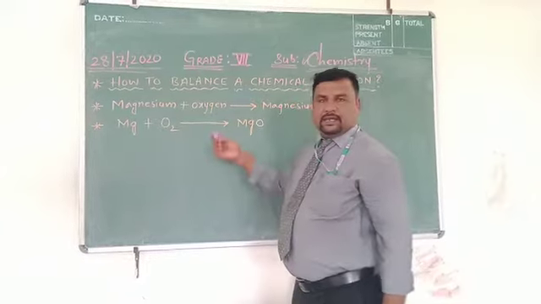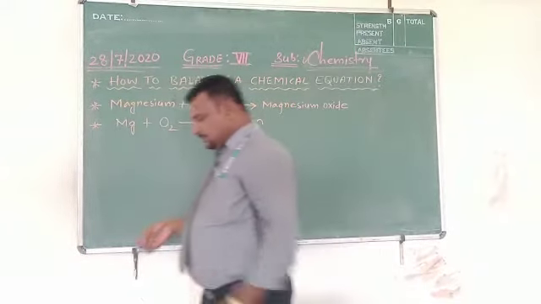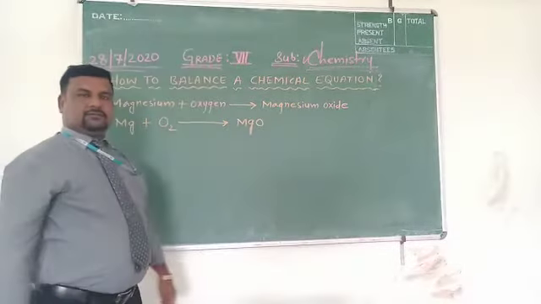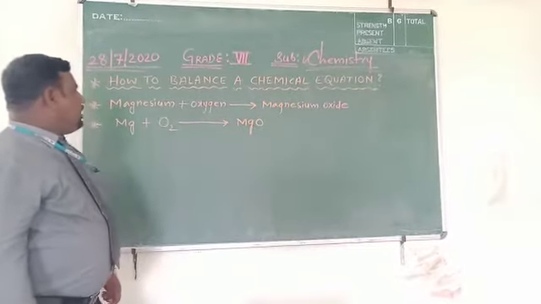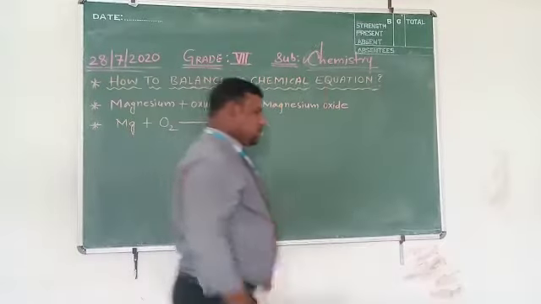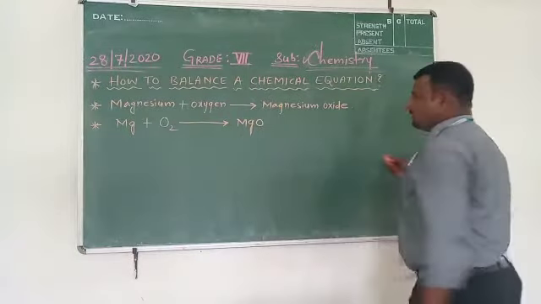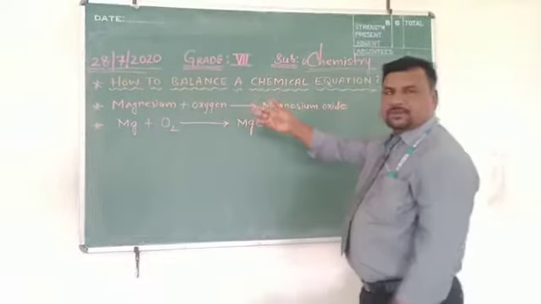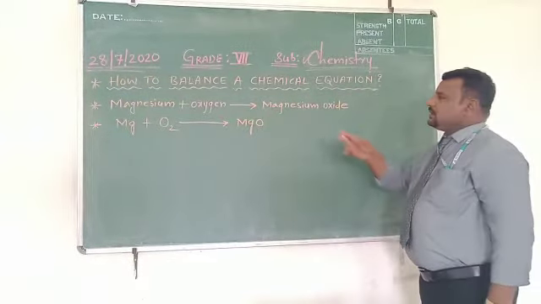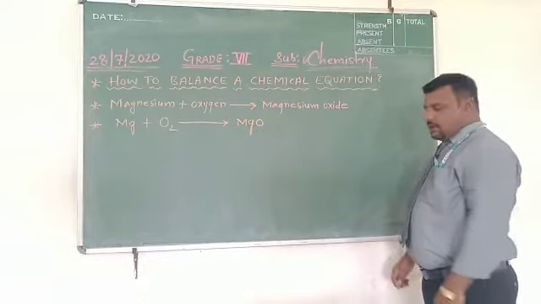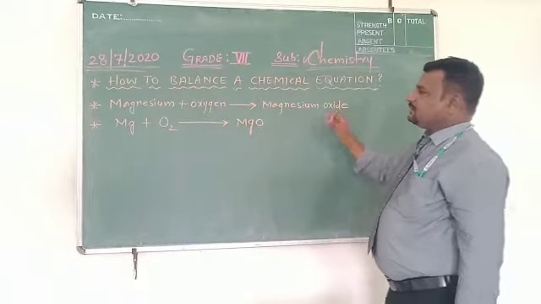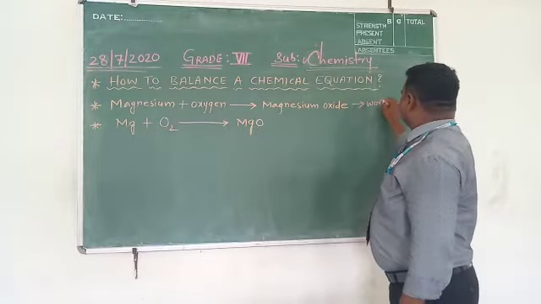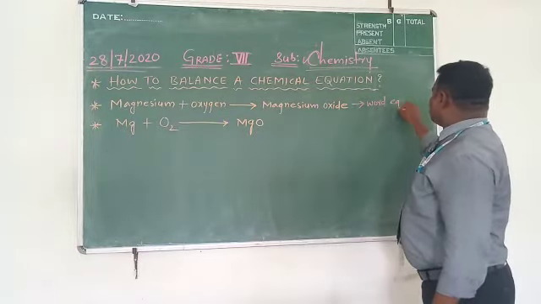So, today we are here to discuss this chapter, how to balance a chemical equation. When we talk about a chemical equation here, when magnesium reacts with oxygen, it produces magnesium oxide, as shown in the equation. We call this a word equation.